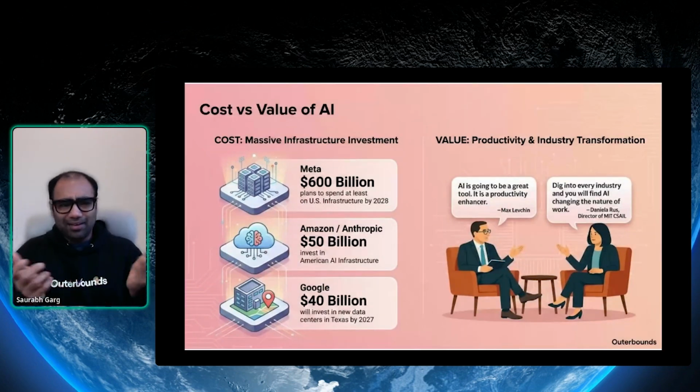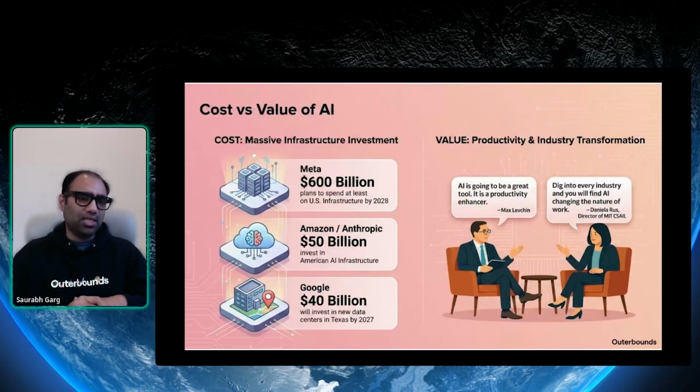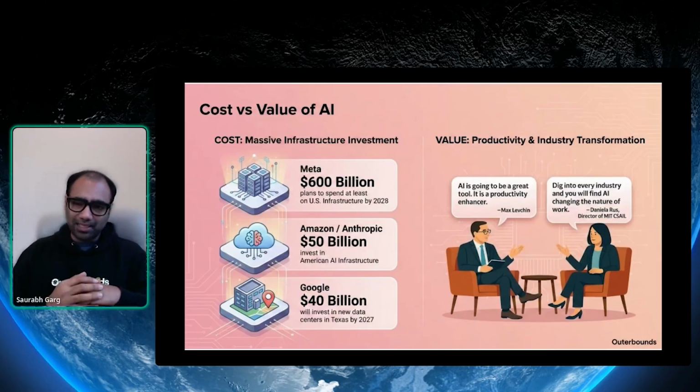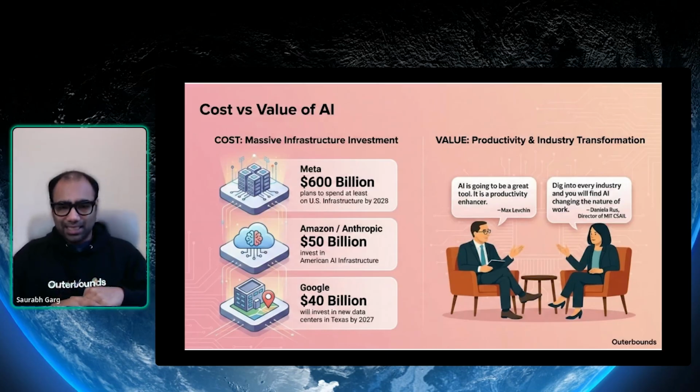And I didn't really have to spend more than 5 seconds, basically punching in a prompt to an LLM, and here's my slide. If you were to take testimonials from industry leaders like Max Levchin, AI is going to be a great tool. It is a productivity enhancer. Or from folks from academia like Ms. Daniela Rus, who's the director of MIT CSAIL. You can basically dig into every industry and you will find AI is changing the nature of work.